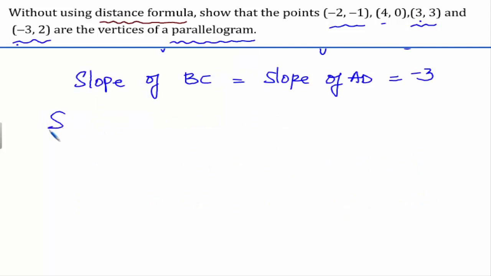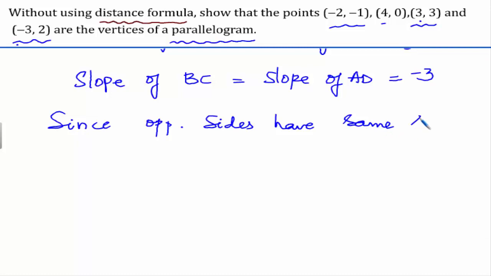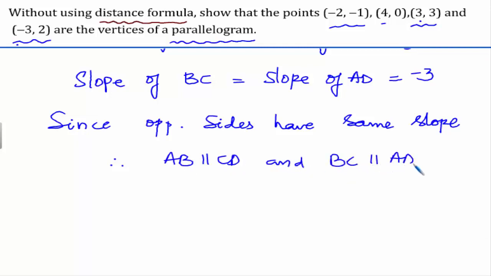So since opposite sides have same slope, therefore AB is parallel to CD and BC is parallel to AD. Therefore ABCD is a parallelogram.